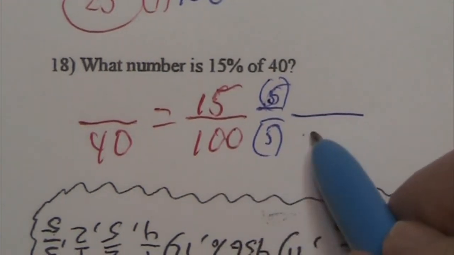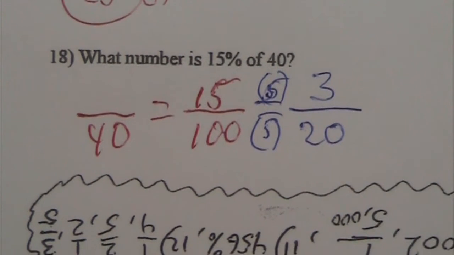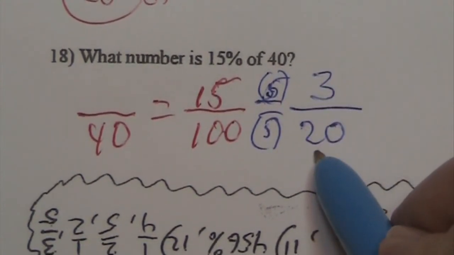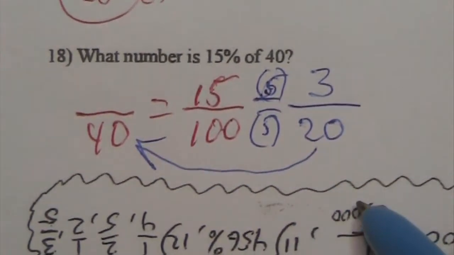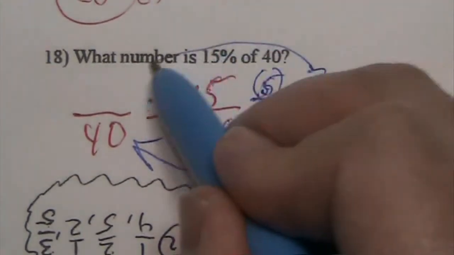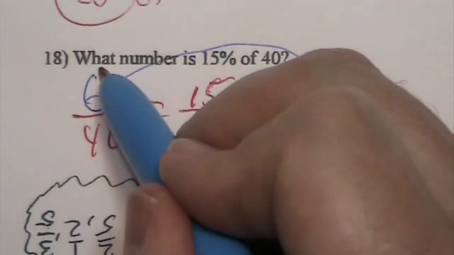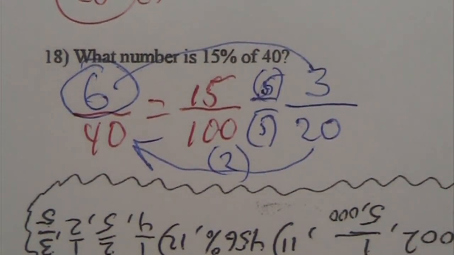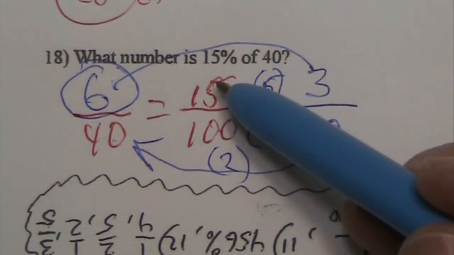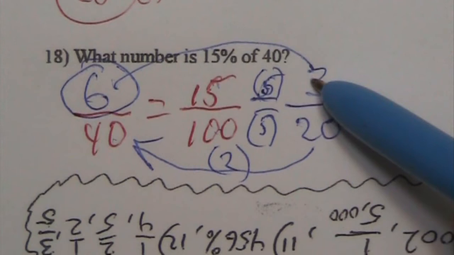So 5 goes into 100, 20, and 5 goes into 15, 3. Now do you see how I can go from 20 to 40? I would just multiply by 2. So you have to multiply this by 2. And that would make it 6. So 6 out of 40 is the same as 15 out of 100. It's also the same as 3 out of 20.